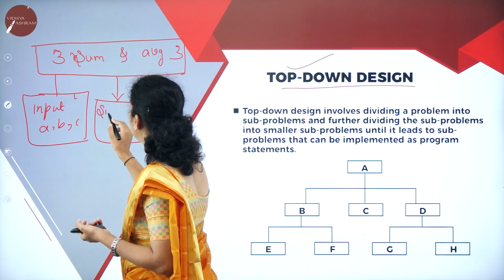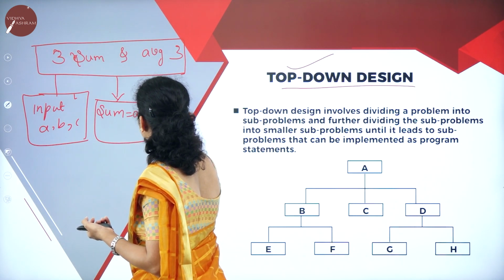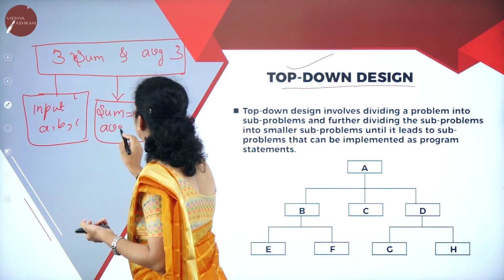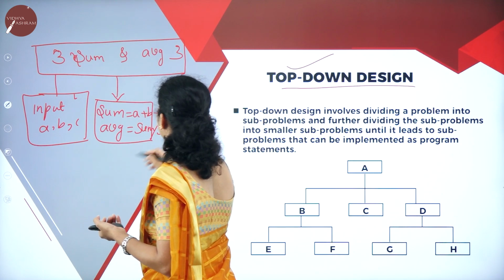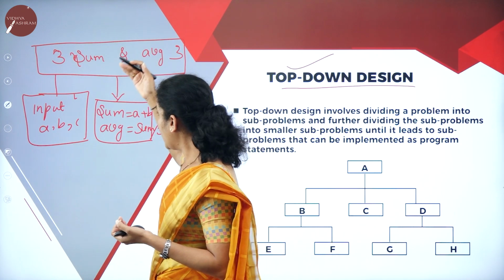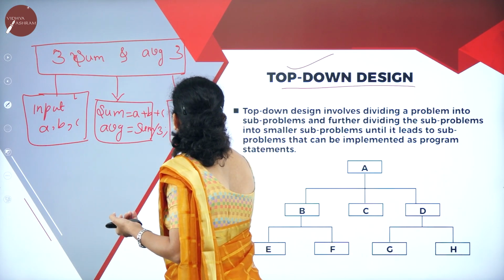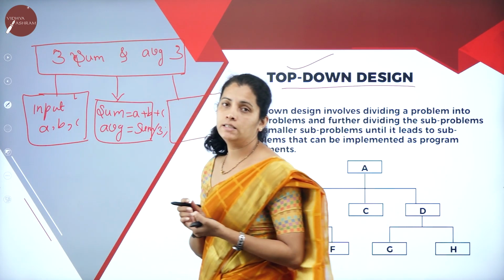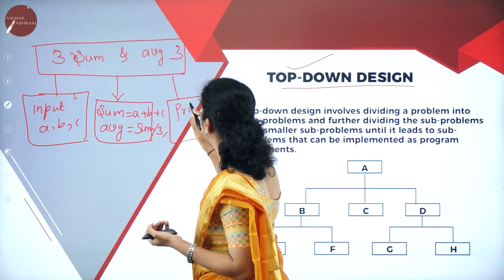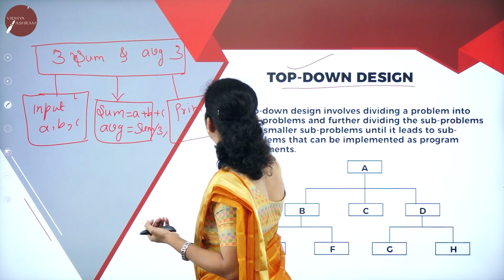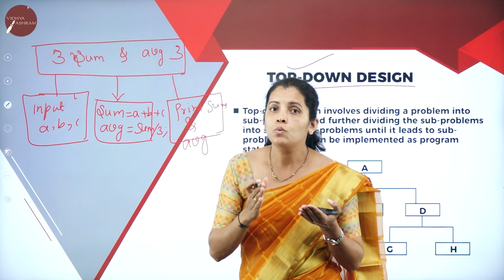So here, sum equals A plus B plus C, average equals sum divided by 3. So this is my other sub-program, and I'm going to have another module that is to display the output. So print sum and average.